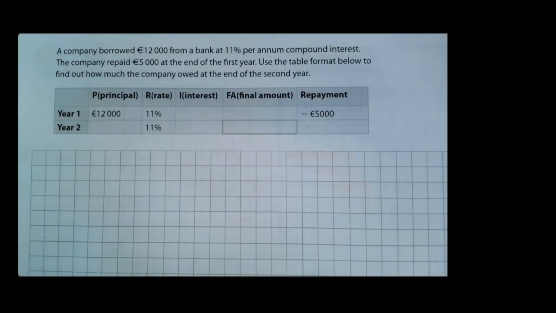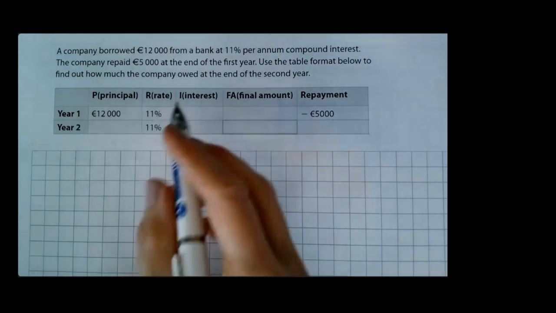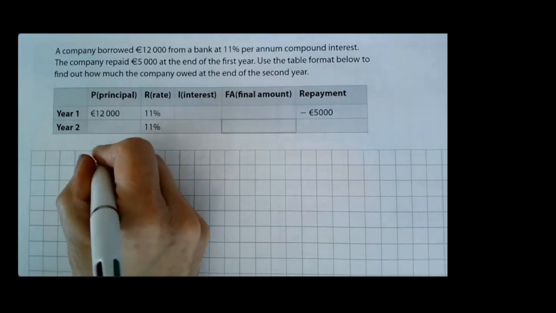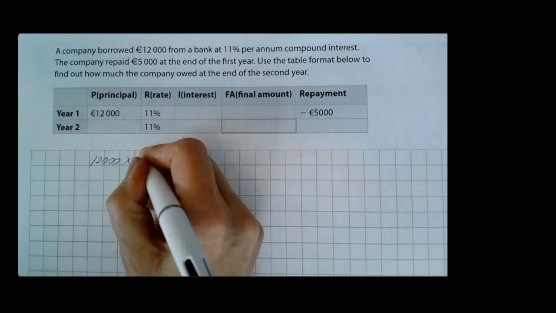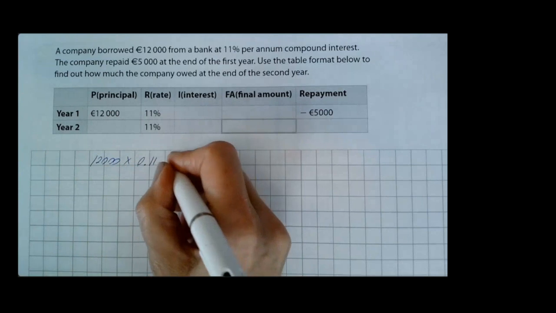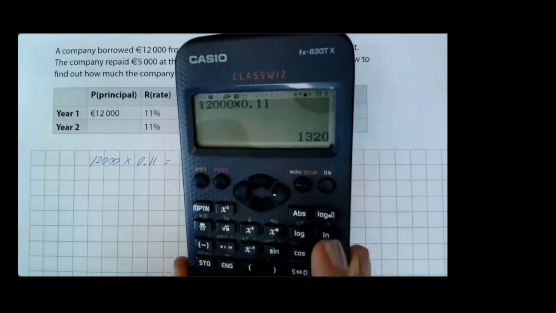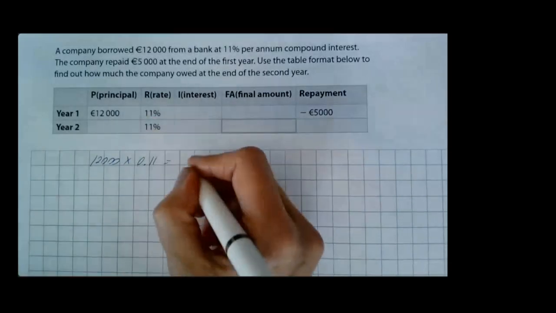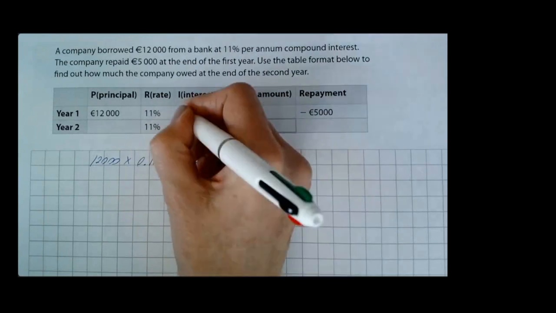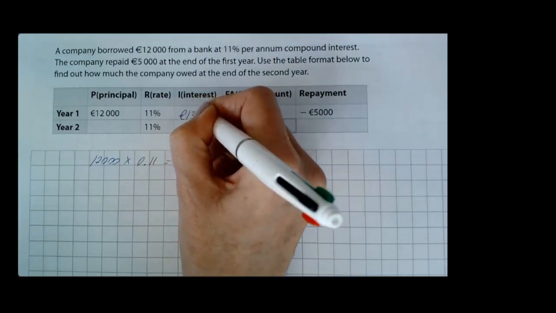Right, so this time we're starting with 12,000 at 11%. So what I'm going to do is work on my interest. My interest, of course, is working at the 11%. So multiplied by the decimal, 12,000 multiplied by 0.11, which is 1320 interest.